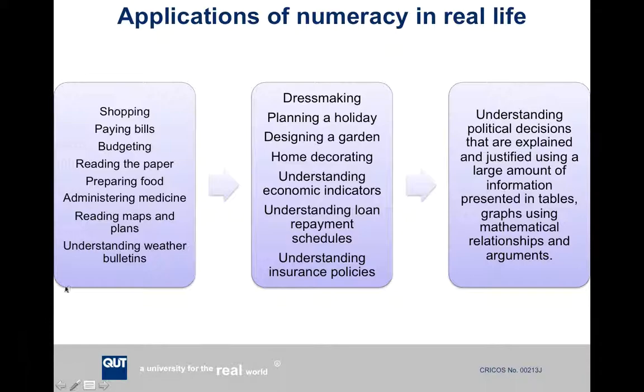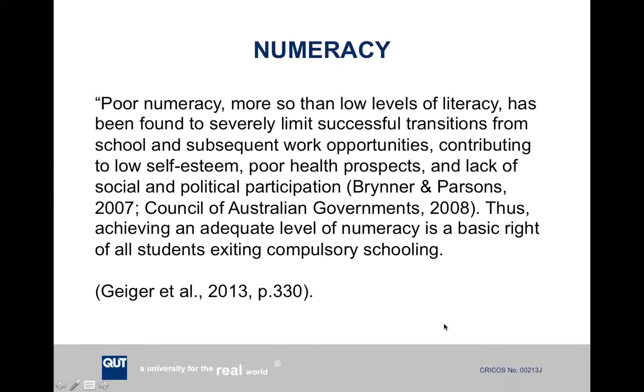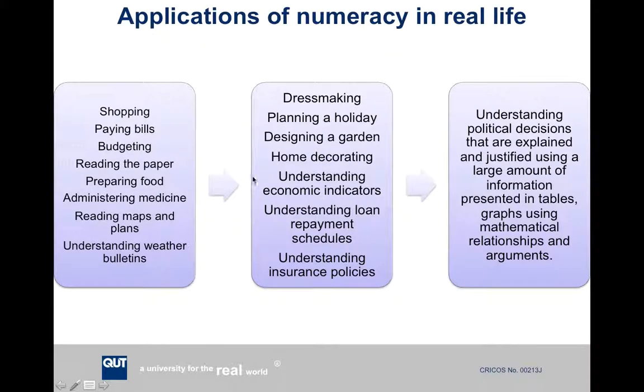And I thought about it, and this comes from the same text here, the different levels. So quite basic things. We need numeracy to be able to do our shopping, pay the bills, budgeting. Then on a slightly more complex level, dressmaking, planning a holiday, designing a garden.